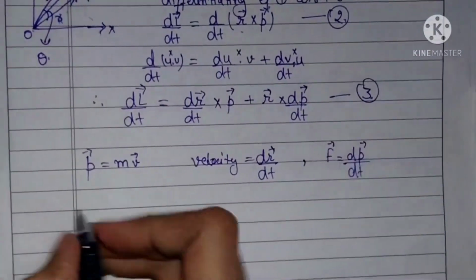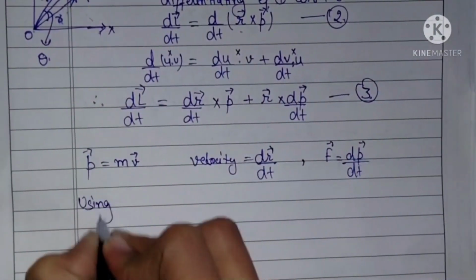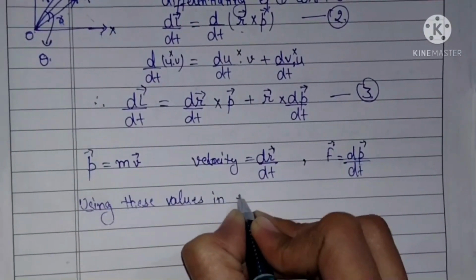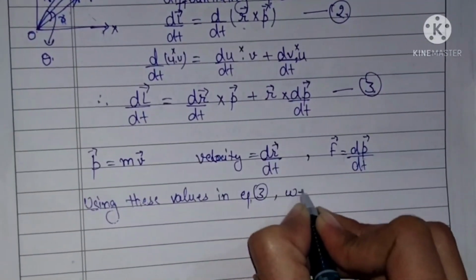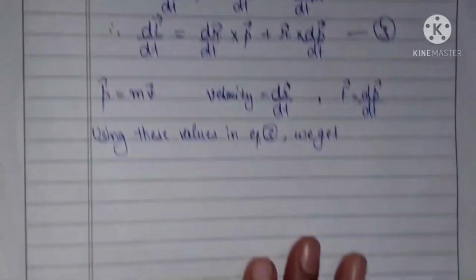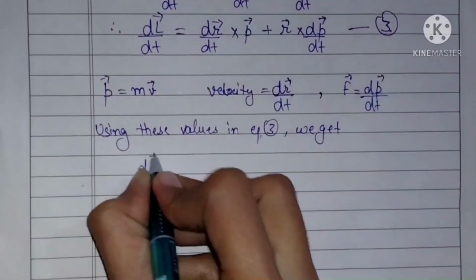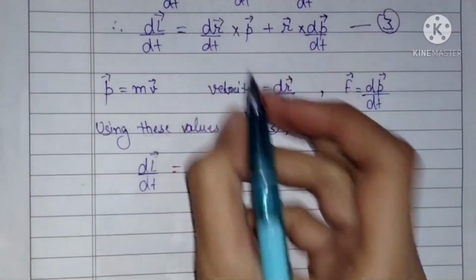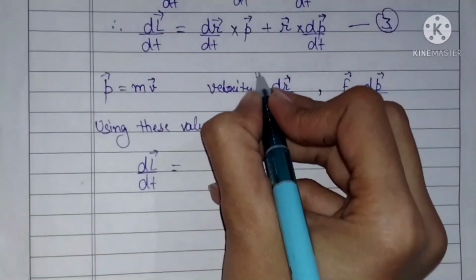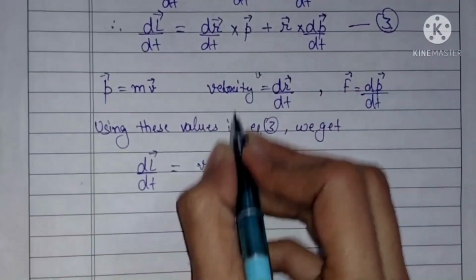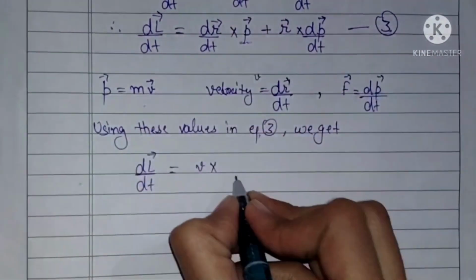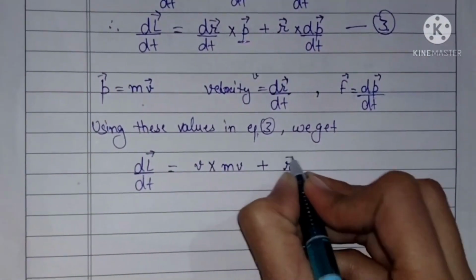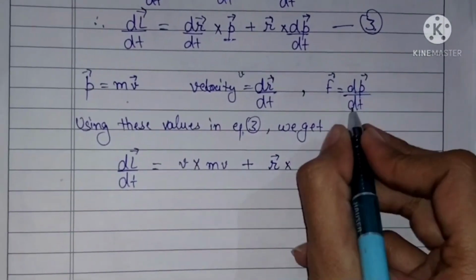Using these values in equation number 3, we get dL/dt is equal to v cross p, and p is equal to mv, so v cross mv plus r cross f.